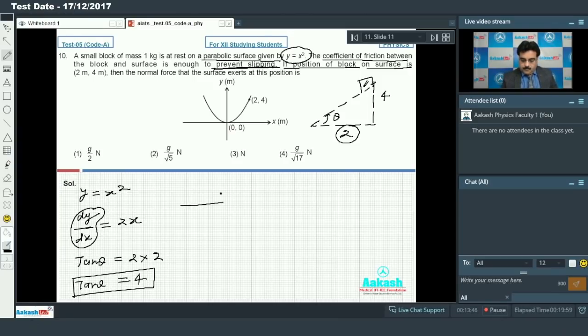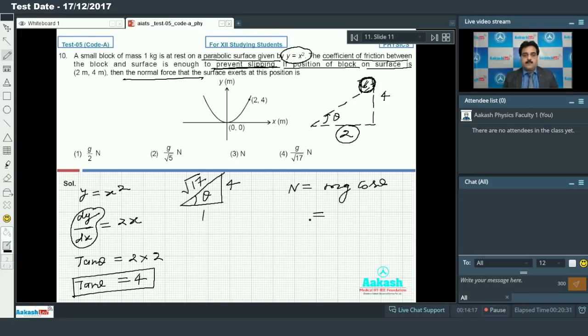So if I go for a triangle, with tan theta as 4, perpendicular is 4, and base will be 1. So the hypotenuse is root 17. And why are we going to solve this? What is the need of this? Because I need to calculate the normal force, and you know very well, in this situation, normal force is given by mg cos theta.